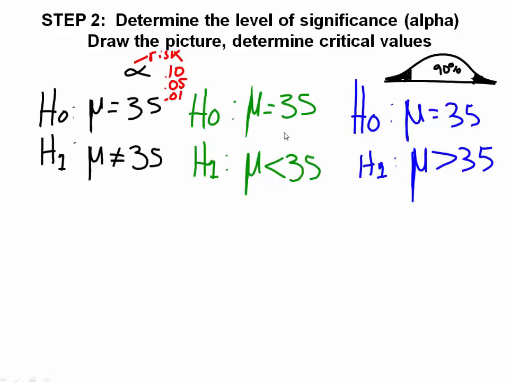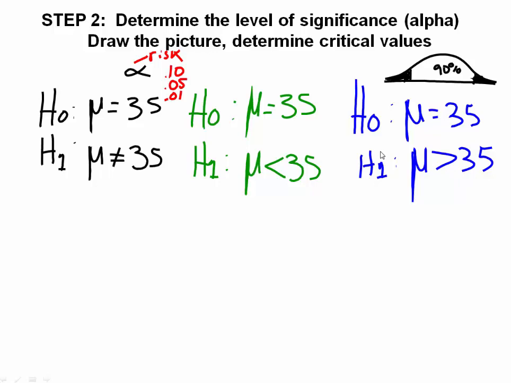In developing our hypothesis statement in step 1, we know that 3 issues can come about. In each case, our null hypothesis is a statement of equality, while our alternative hypothesis is in opposition to our null hypothesis in the fashion of an inequality. So here we have an equality, here it's not equal. Here we have an equality, here we have less than. Here we have equality, and here we have greater than.